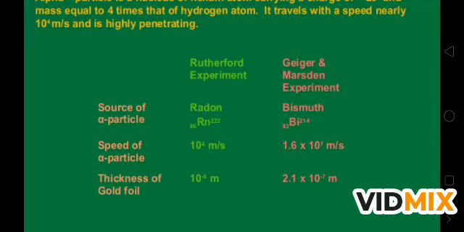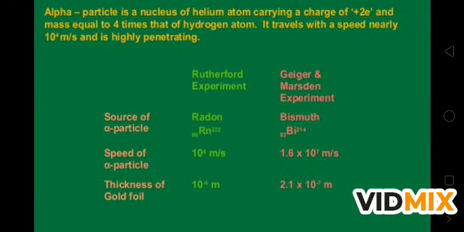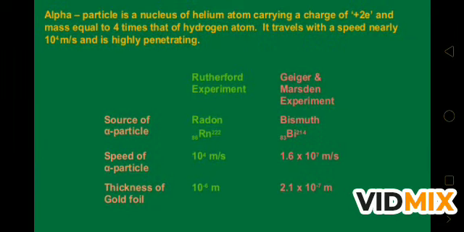These are the values of the experiment done by Rutherford and Geiger and Marsden. This is an important point for competitions also, for example that the source of alpha particle in the Rutherford experiment was radon, and like this you can learn.